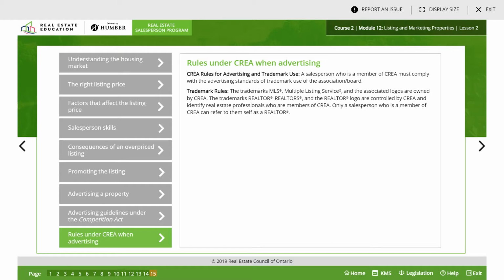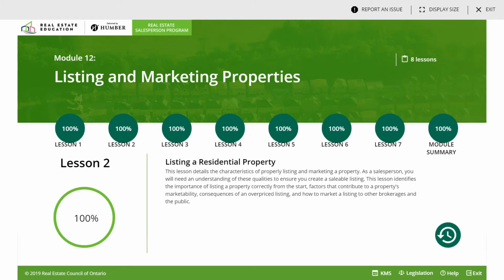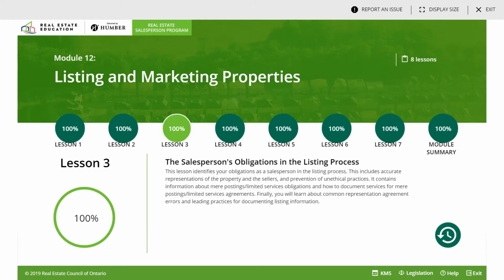Trademark rules: the trademarks MLS, Multiple Listing Service, and associated logos are owned by CREA, and the trademarks REALTOR and the REALTOR logo are controlled by CREA and identify real estate professionals who are members of CREA. Only a salesperson who is a member of CREA can refer to themselves as a REALTOR. So that was lesson 2.